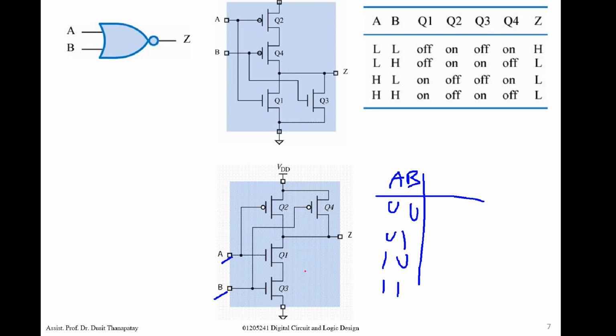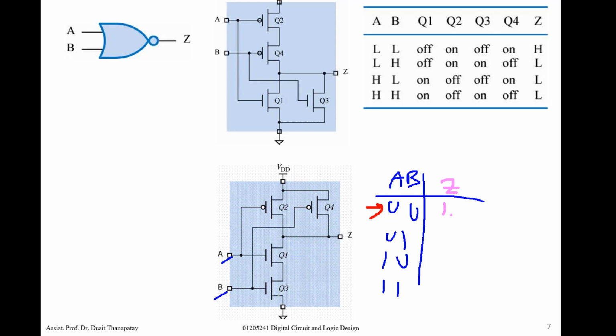When you apply, for example, 0 0, 0 here, 0 here, this one turns on, this one turns on. The active high ones will be off. So the output Z connects to VDD, and output Z now becomes high.